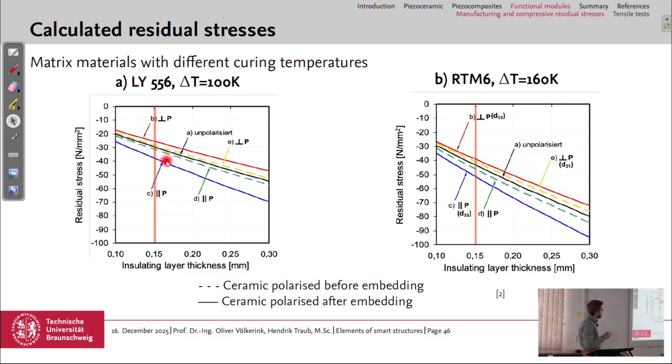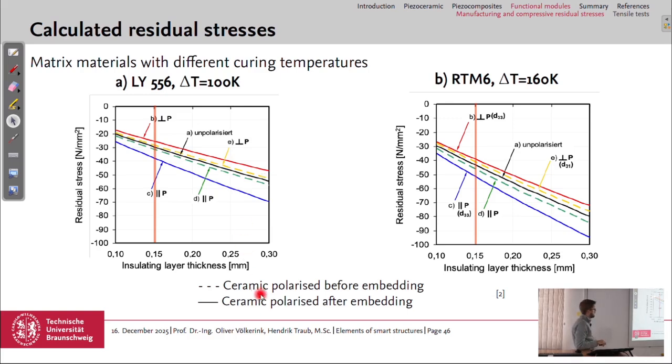With this, we get the highest amount of residual stress, compared to the green dashed line, which is again parallel to the polarization direction but polarized before embedding. And the same is for the transverse direction. The dashed line is polarized before embedding, and the solid line is polarized after embedding.